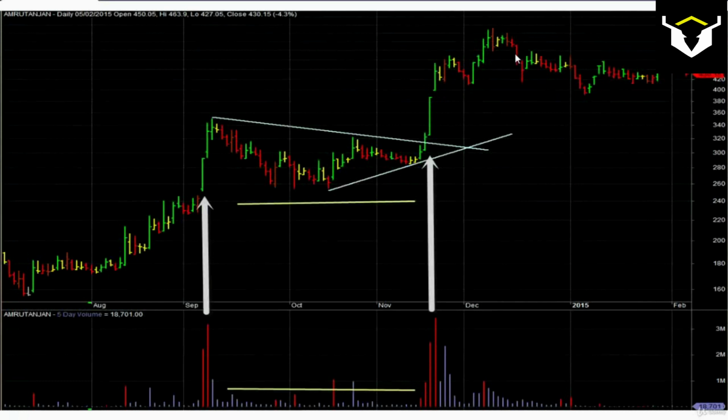Even in the Amrutanjan daily chart, the same thing happened. This new high was not supported by increased volume. You can see here, this new high was made on volume of about 3 million, whereas this new high was made at the highest volume of 1 million.